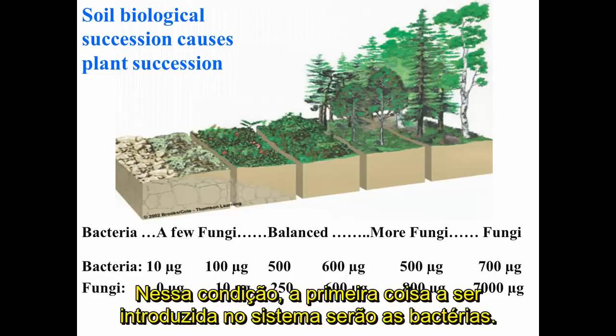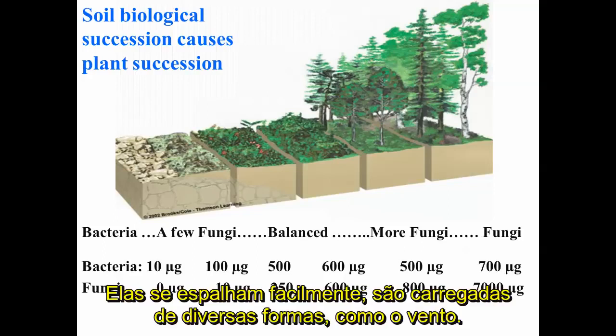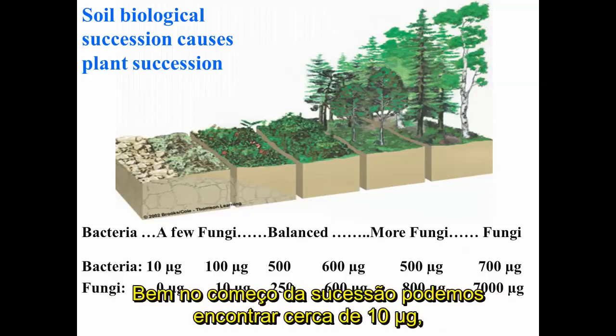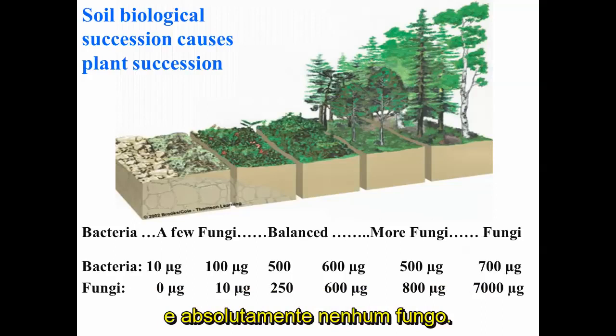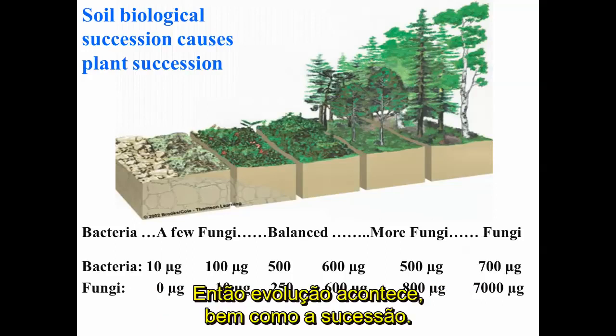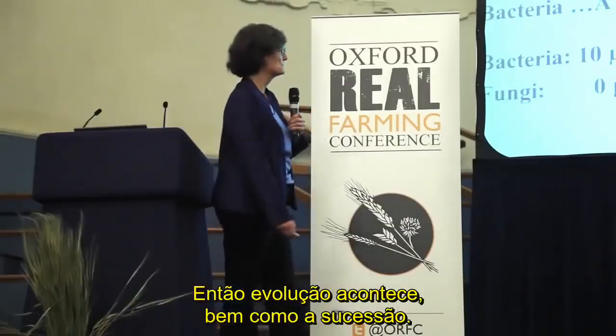So in that condition, the first thing that comes into that system is going to be bacteria. They're easily spread. They're carried by lots of other things, by the wind. And so very early in succession, we're looking at 10 micrograms of bacteria, absolutely no fungi to be found. So evolution works this way, as does succession.